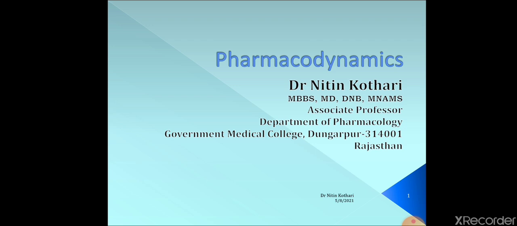So in pharmacodynamics, we study what the drug does to the body, D for D. On the reverse, in pharmacokinetics, we discuss what the body does to the drug. That is ADME in pharmacokinetics.